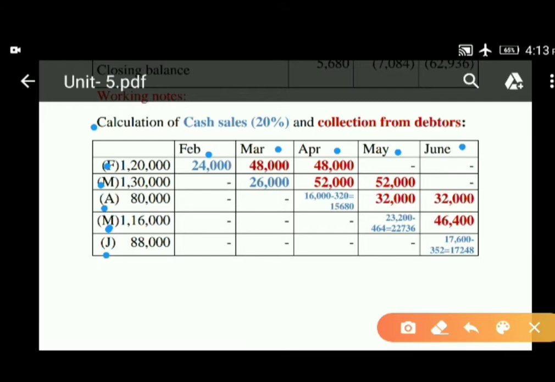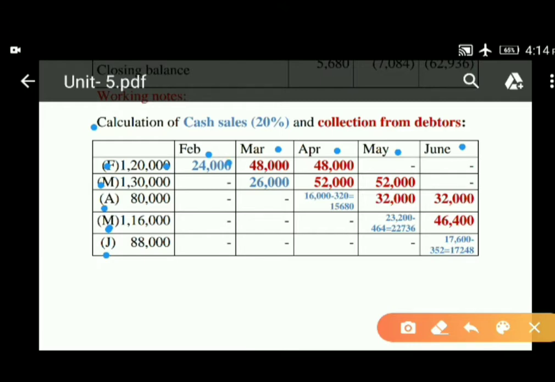So in that particular month the sales were 1,20,000. Out of 1,20,000, only 20% sales are cash sales and the remaining 80% sales are credit sales. So in 1,20,000, 20% means 24,000.